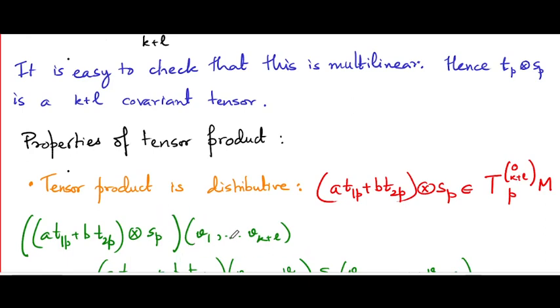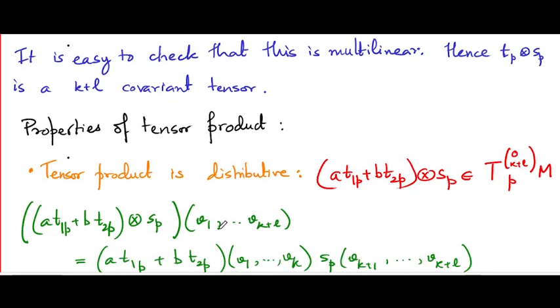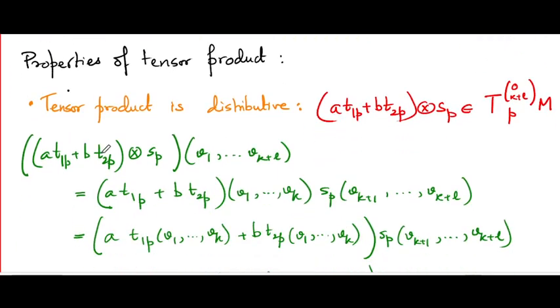Here I have not even written V1P, V2P, etc. I'm just assuming that the fact that these are vectors at the point P is obvious. Now what happens here is, the first factor of the tensor product, AT1 plus BT2, gets the first k input vectors, S gets the next L.